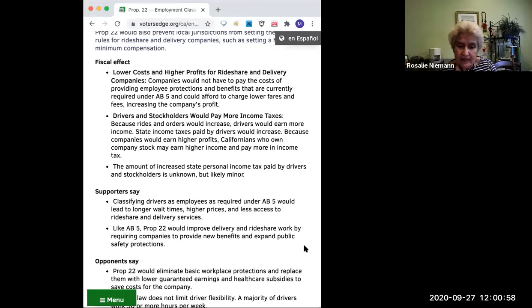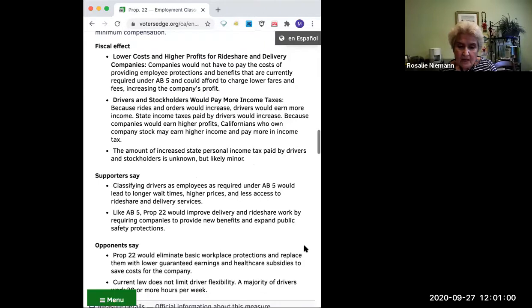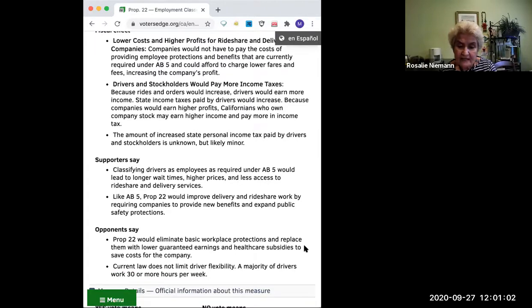The supporters say classifying drivers as employees as required under AB 5 would lead to longer wait times, higher prices, now these are opinions, of course, and less access to rideshare and delivery services. Supporters say, like AB 5, Prop 22 would improve delivery and rideshare work by requiring companies to provide new benefits and expand public safety protections.